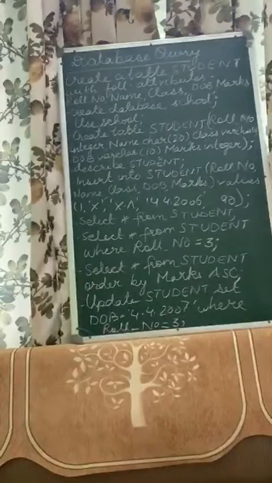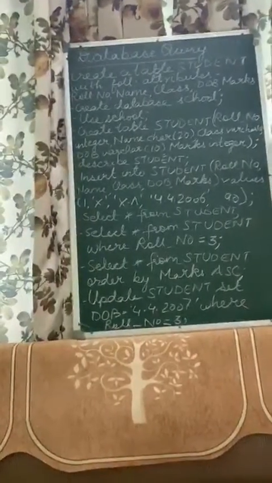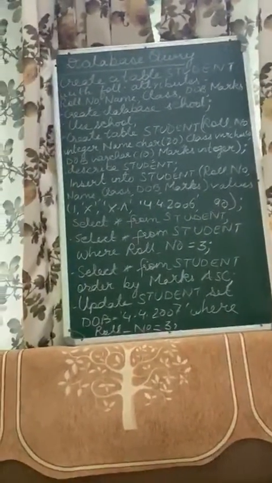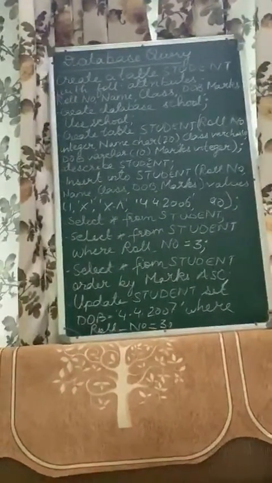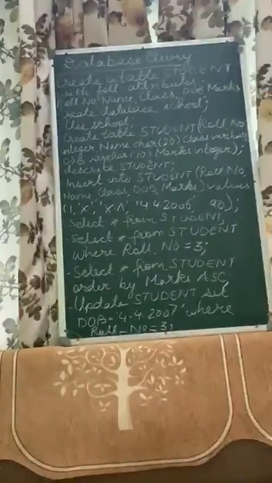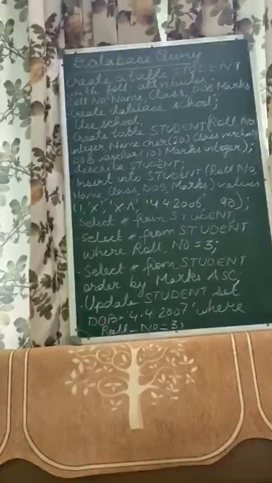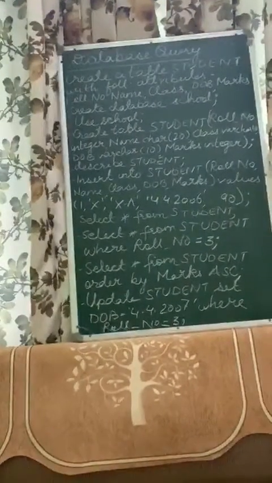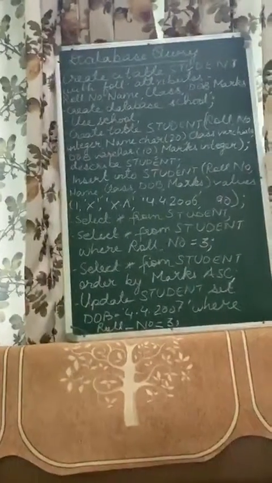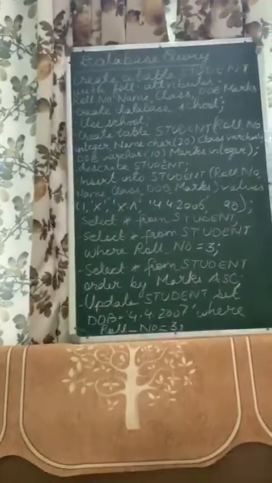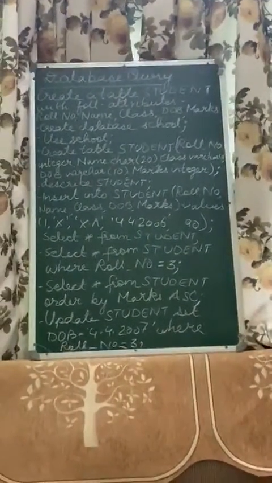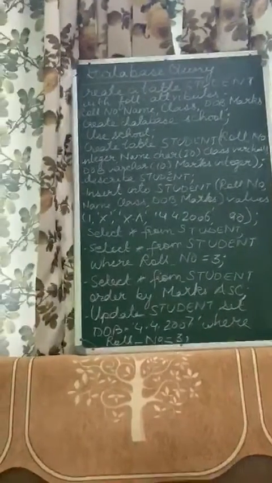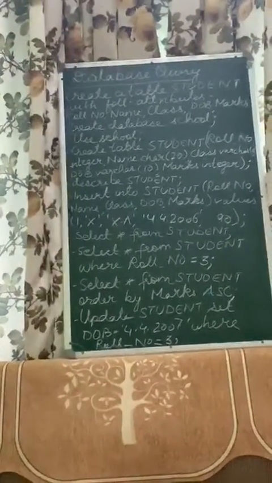Date of birth can be written in different formats. It can be August 1, 2020, or it can be 1.8.2020. So you will use the data type varchar 10. Then marks, again numbers, so I'll mention the data type as integer. Bracket close, then a semicolon. Press enter, and it will say the table student has been created.